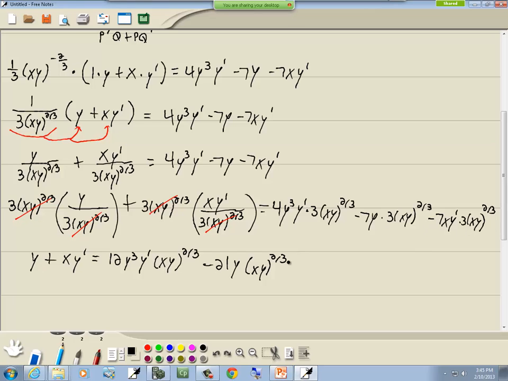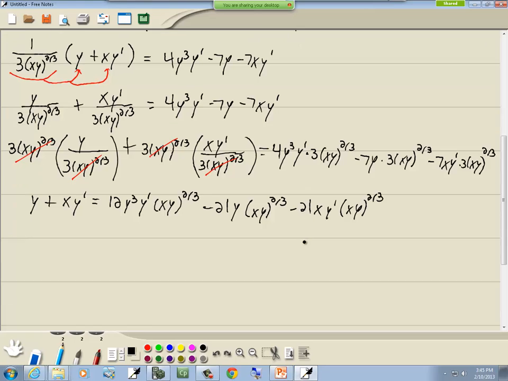And 7 times 3 here gives negative 21 x y prime xy to the 2/3. Lots of algebra here, so hopefully I'm not making any kind of algebra mistake. I don't see any. Okay.